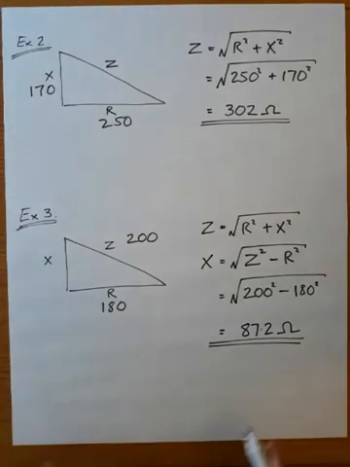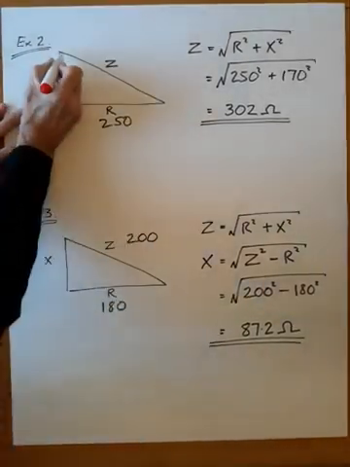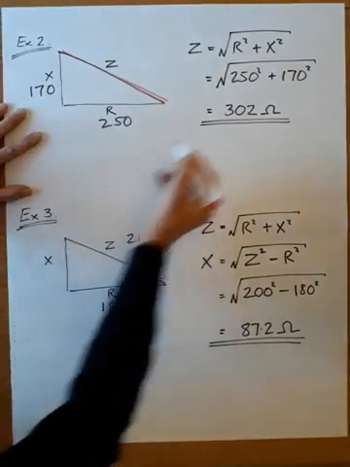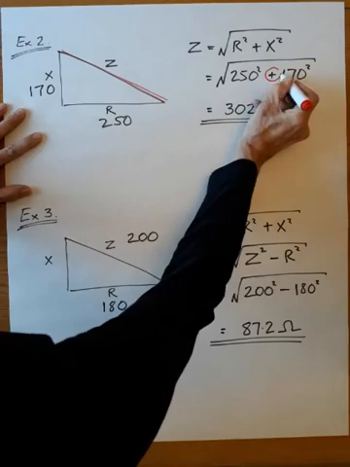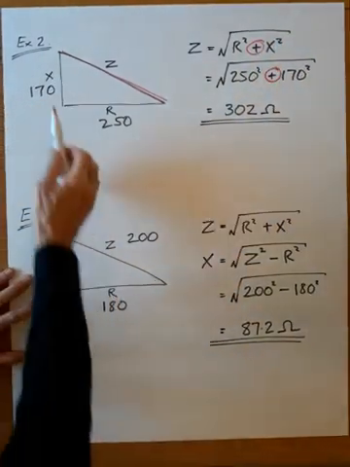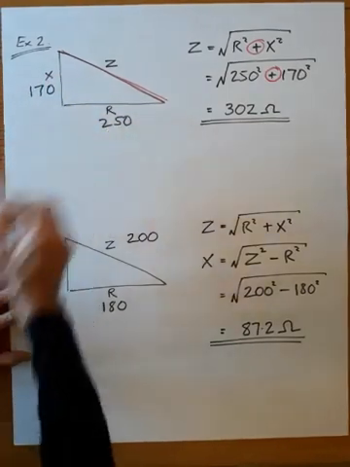Okay, really quick recap of these two examples. If you are finding the longest side, then we have plus in the formula. So we're going to square each one of these and add them.